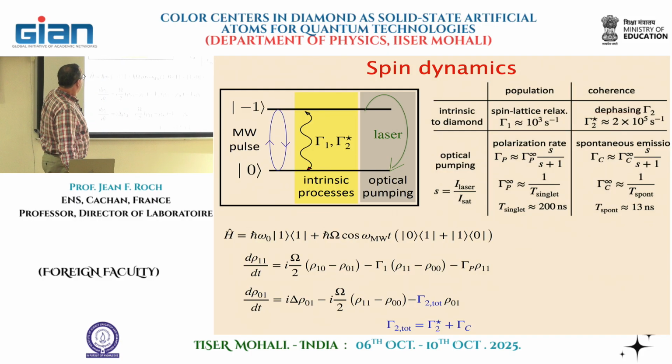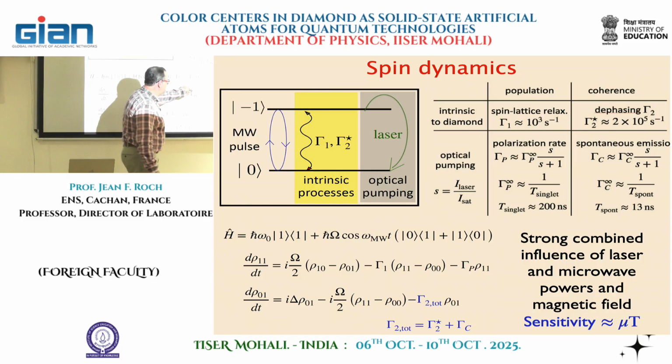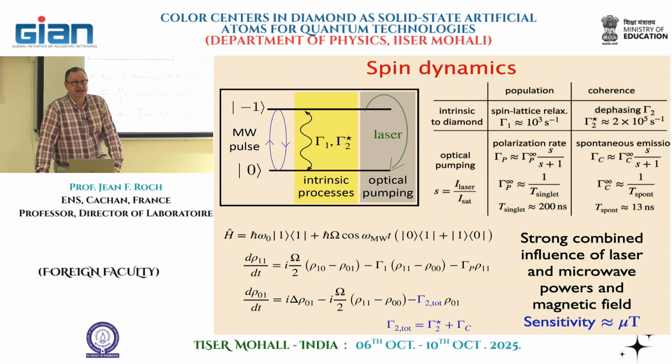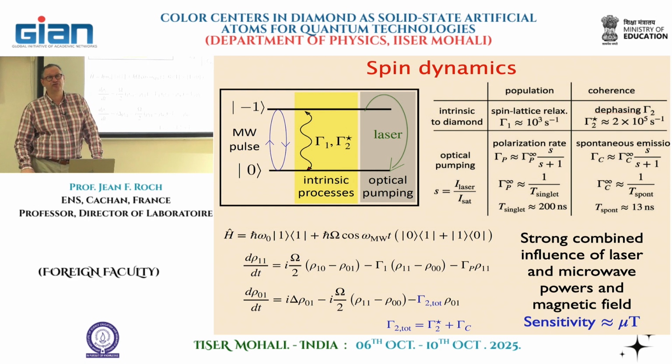And at the end, using that, you can find a compromise between the influence of the laser, the microwave power and the magnetic field, and demonstrate that typically the sensitivity in this DC scheme, where you simultaneously apply the microwave and the laser, is around the microtesla after optimizing as best as possible.